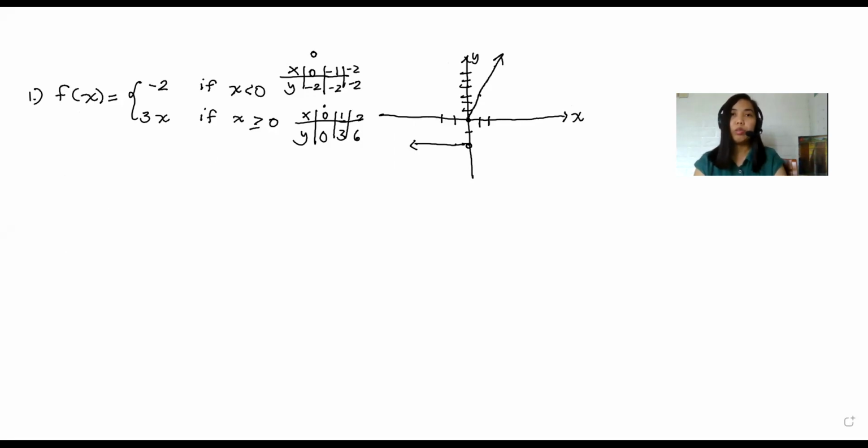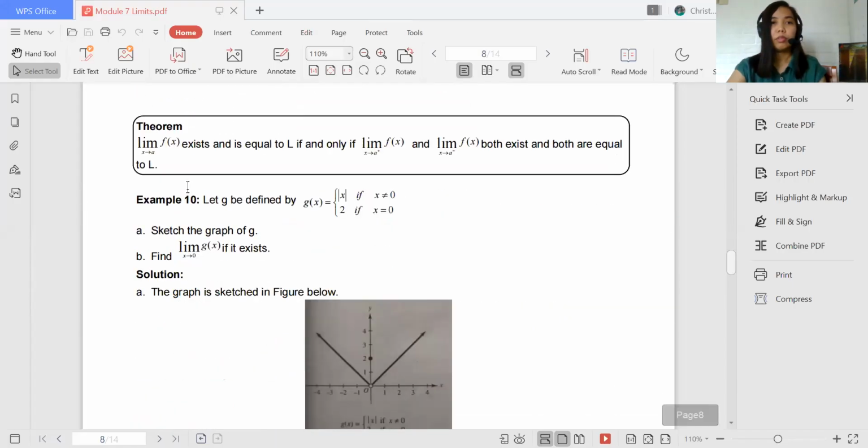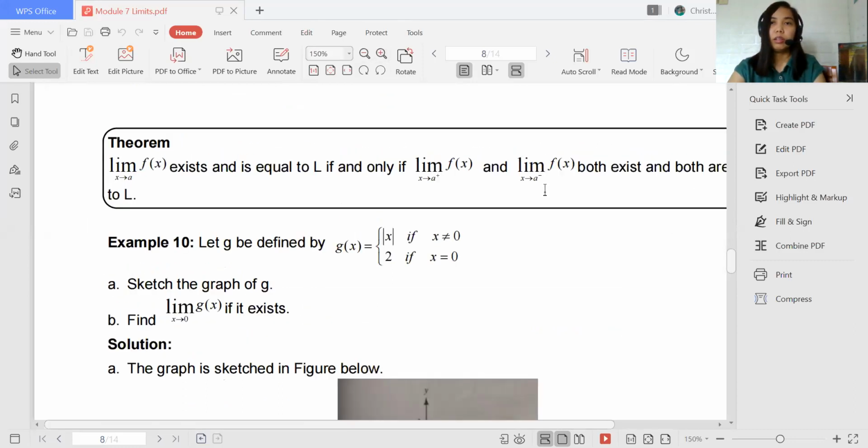Okay, so what do we mean by one-sided limit? So the theorem says that the limit of f of x as x approaches a exists and is equal to the limit if and only if the limit of f of x as x approaches a from the right and the limit of f of x as x approaches a from the left both exist and both are equal to the limit.